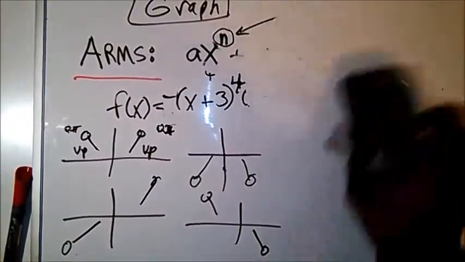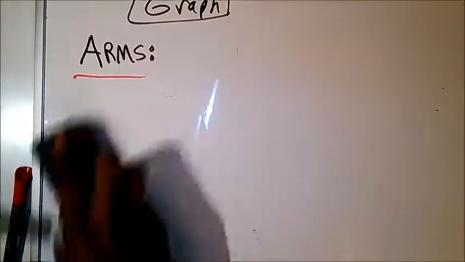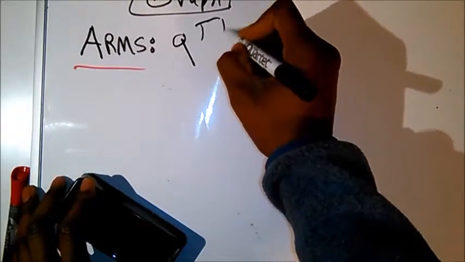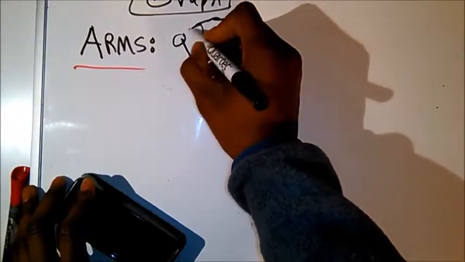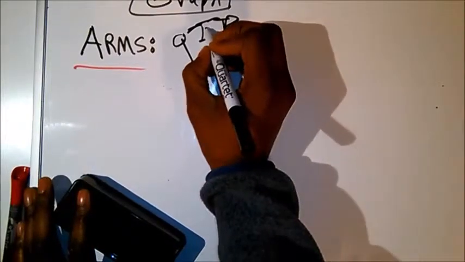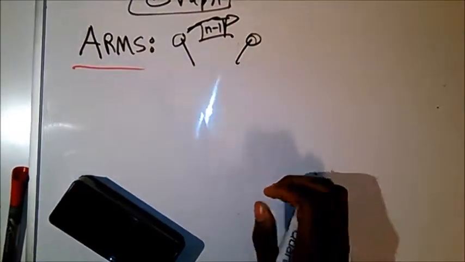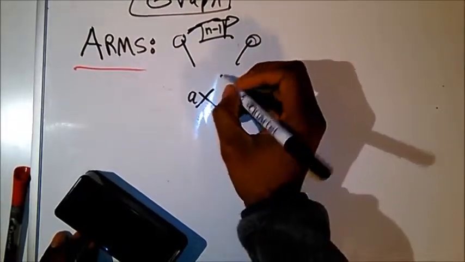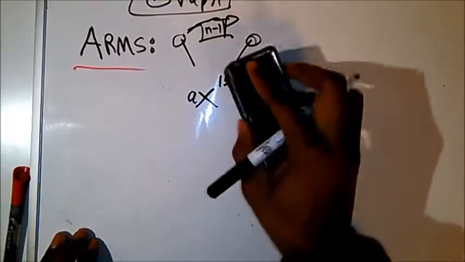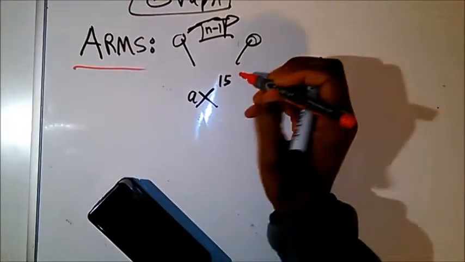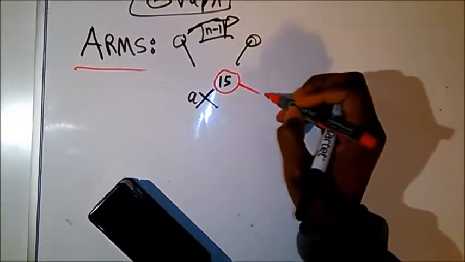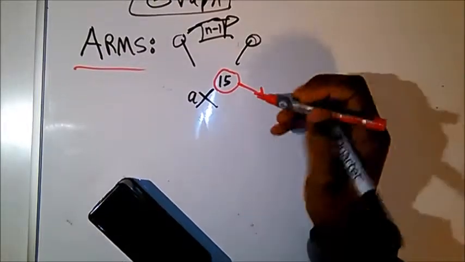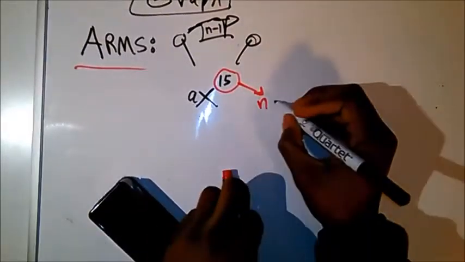Your next step, after you know where your arms are, you've got to get your teapot, right? Your teapot. His hat. That's his hat, okay? And teapot is equal to n minus 1. Let's say the power was 15. The teapot will be this highest power number, which will be n minus 1.